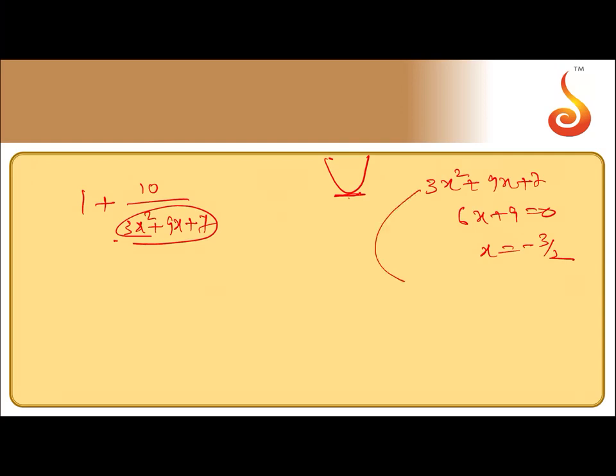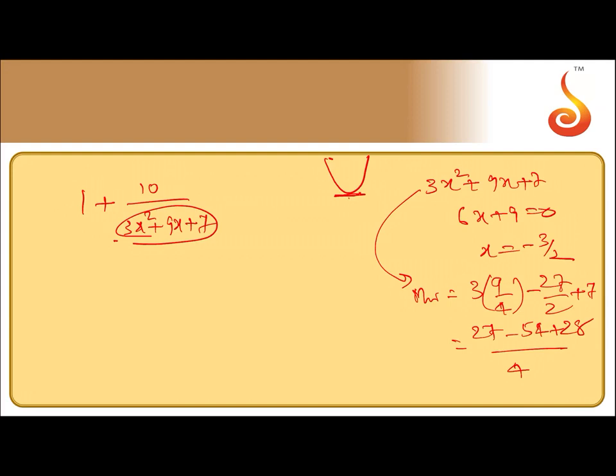When you substitute, the minimum value is given by 3 times 9 by 4 minus 27 divided by 2 plus 7, that is equal to (27 minus 54 plus 28)/4.